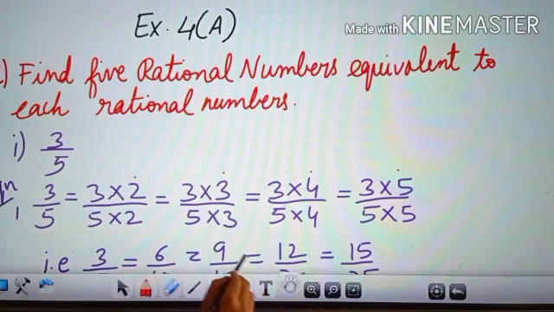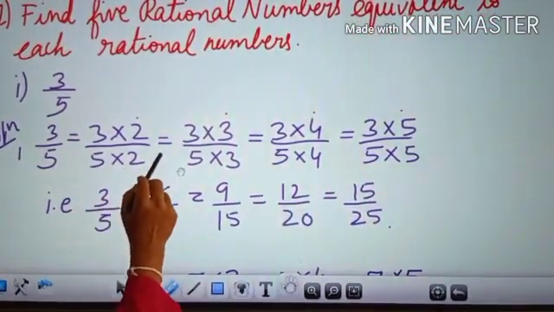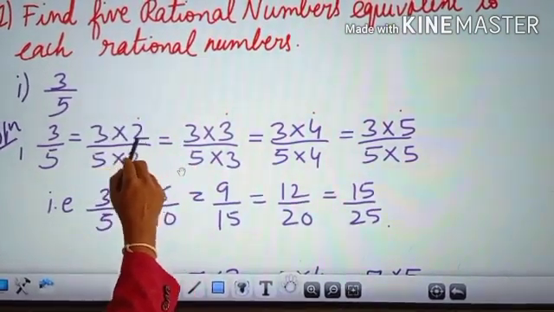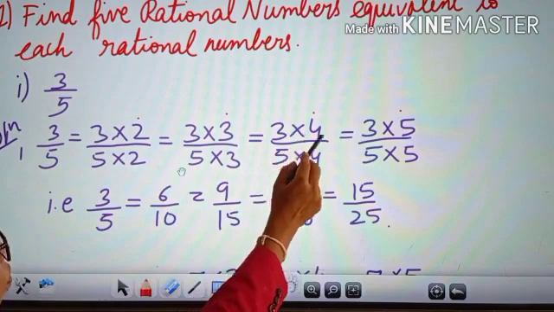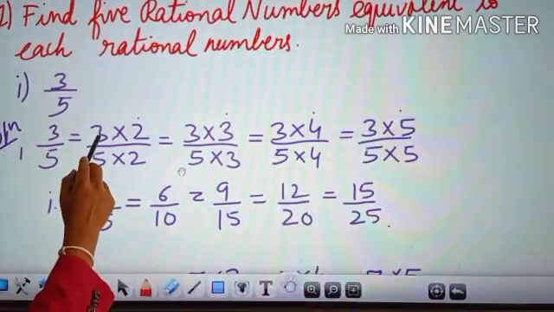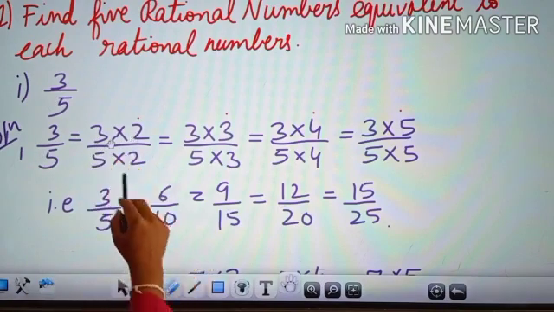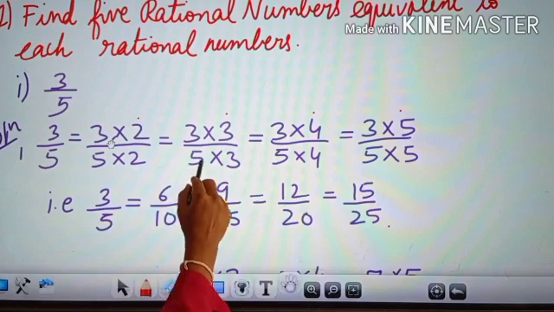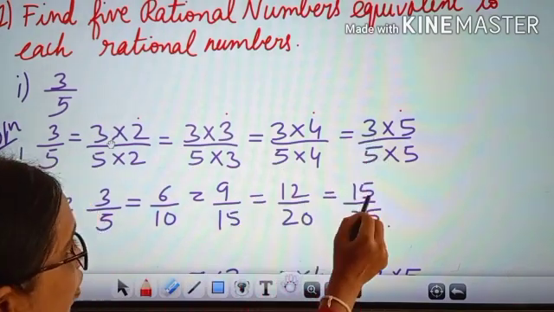See, 3 into 2 upon 5 into 2, 3 into 3 upon 5 into 3, 3 into 4 upon 5 into 4, 3 into 5 upon 5 into 5. 3 upon 5 as it is; 3 2s are 6 upon 5 2s are 10; 3 3s are 9, 5 3s are 15; 3 4s are 12, 5 4s are 20; 3 5s are 15, 5 5s are 25.